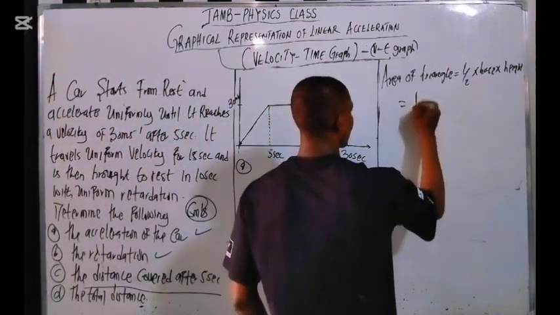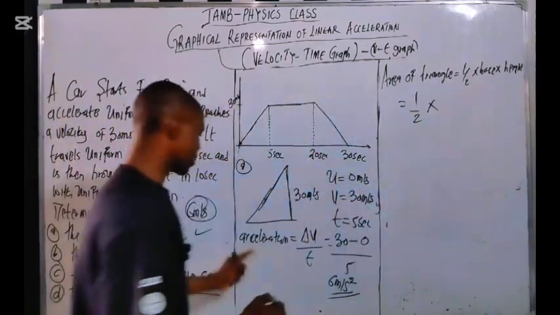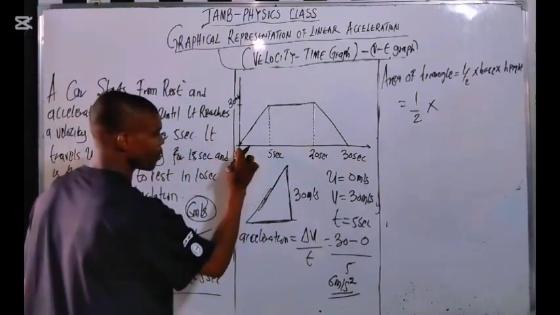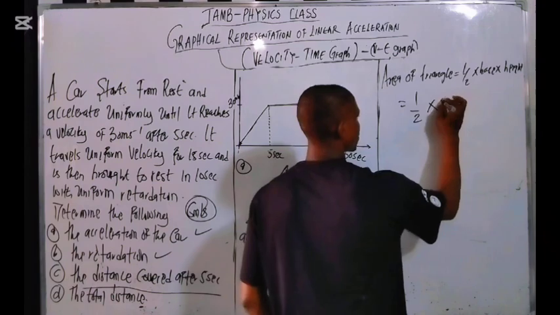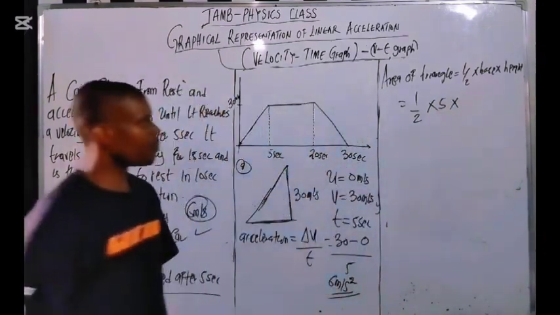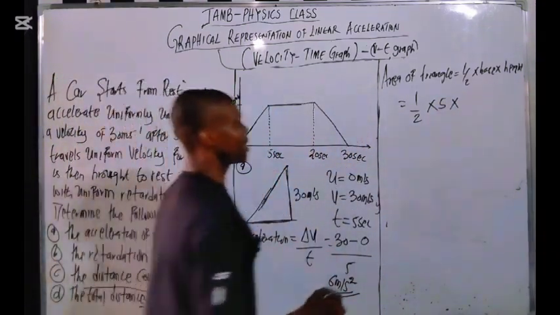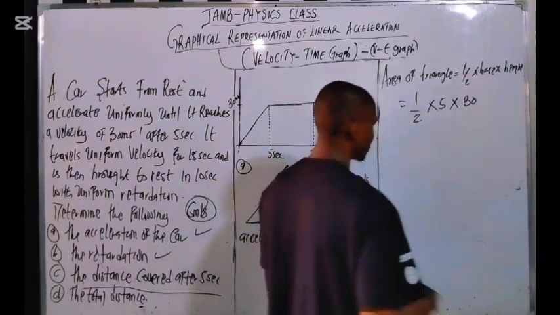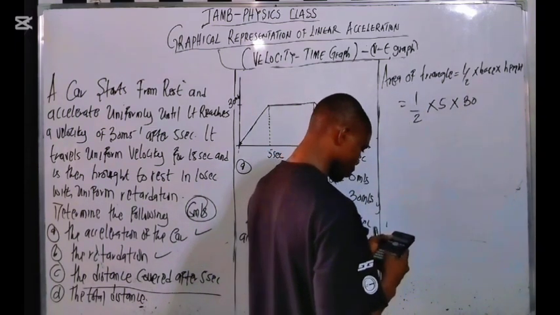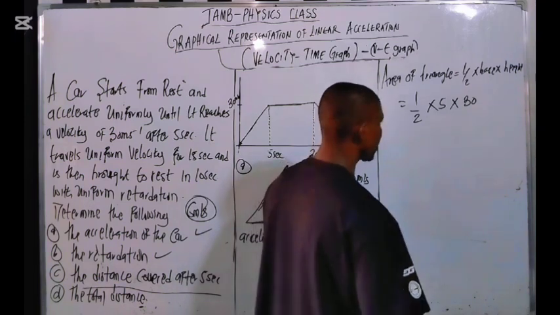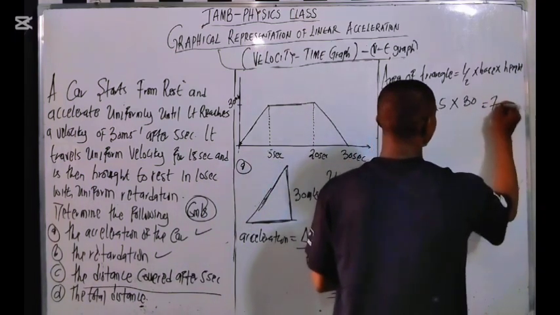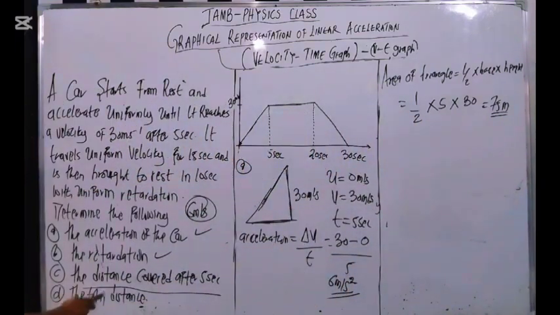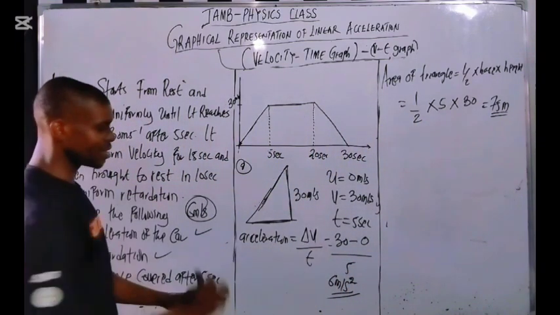Half times my base, which is the time, from here to here, which is 5, times my height, which is 30. So 30 divided by 2 times 5, you're going to get 75 meters. As easy as that.